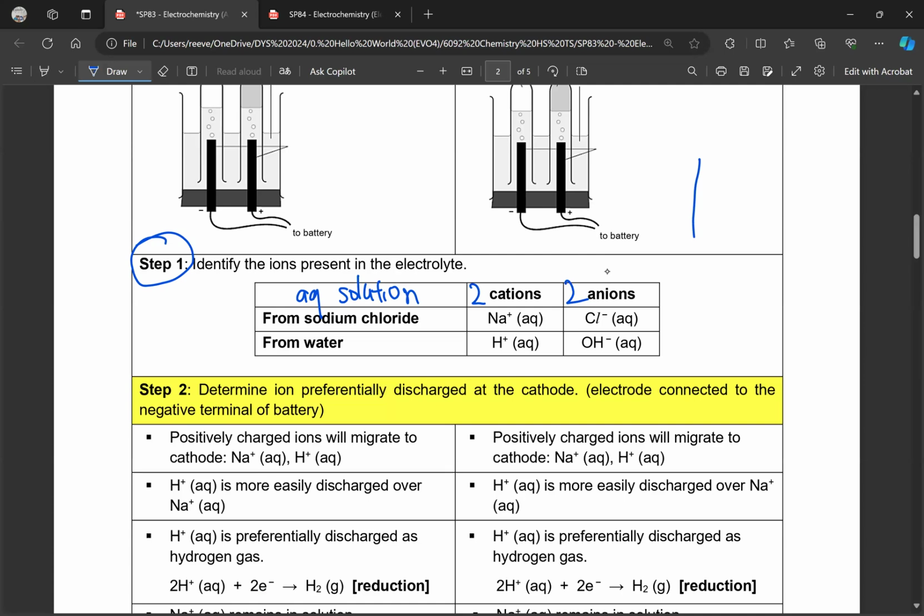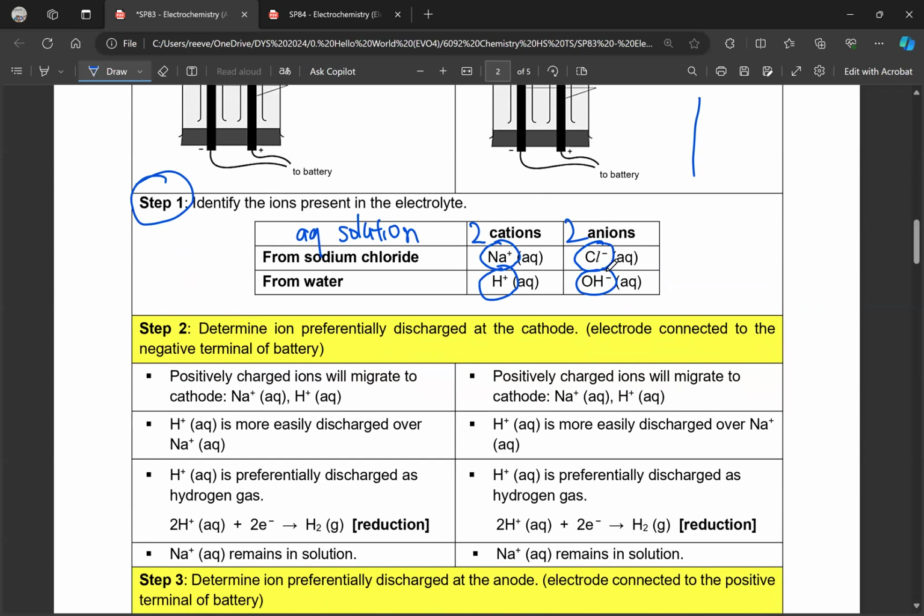One of the cations is sodium, coming from sodium chloride, the other one is from water. Same for the anions: one is chloride and one is hydroxide. The hydroxide comes from the water. So far so good? This is the first step. You must think of what are the ions present. Then we continue with the story.